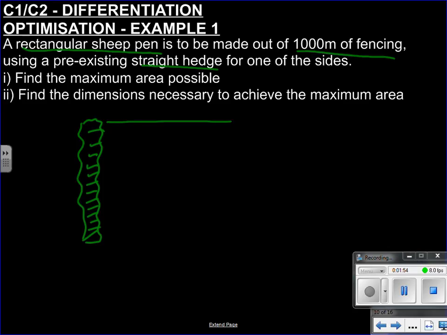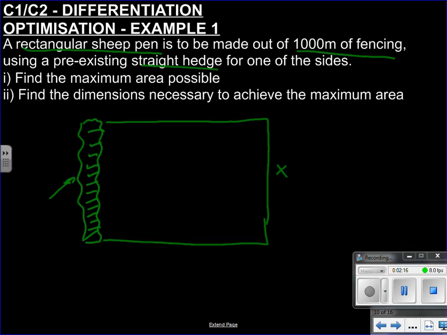So I'm going to draw a rectangle to include the hedge, right? And we know that we have 1,000 meters of fencing available, and this hedge already forms part of that rectangle. So actually I only need to worry about 3 sides, okay?